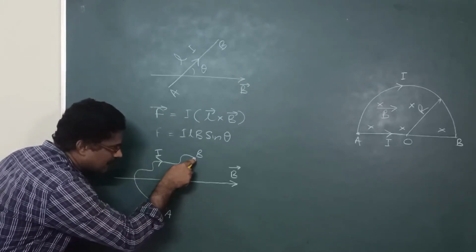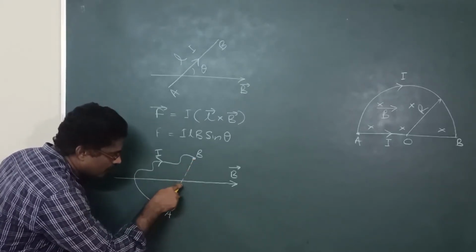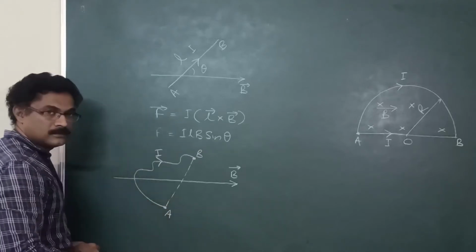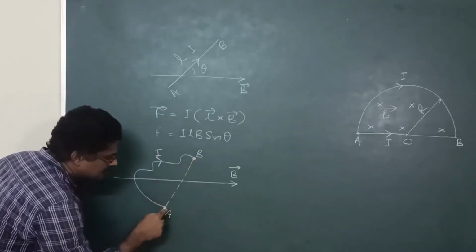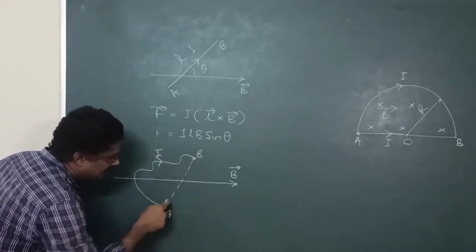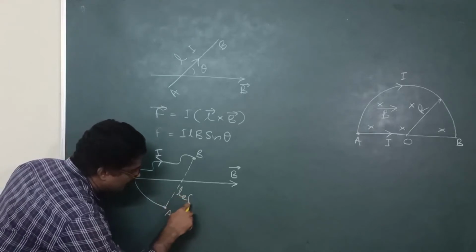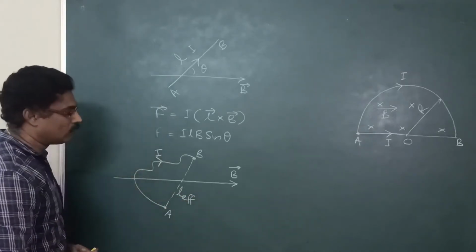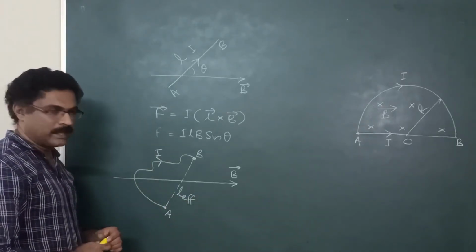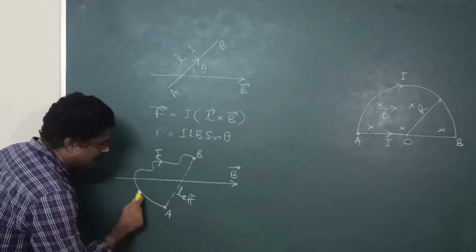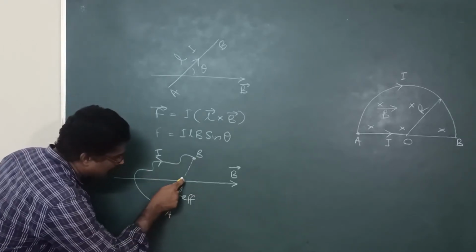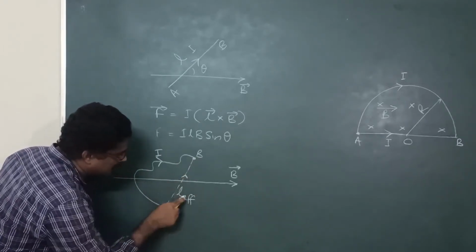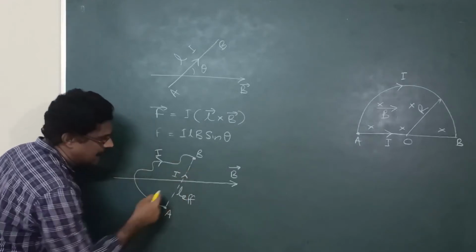You draw a straight line from the ends of the conductor and take this straight line length as L, the effective length of the conductor. If the current is starting from A to B, you can mark the current through the effective length as I, in this direction.